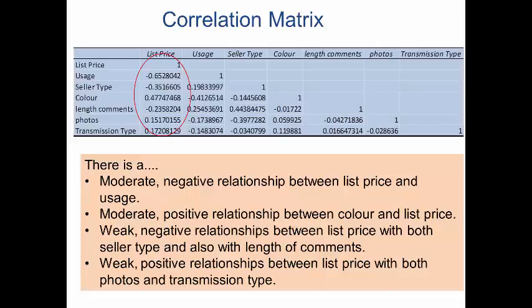When we interpret these correlations, remember we're looking at the strength of the relationship, and that's shown with the number, and also the direction, and that's the sign, be it positive or negative. So you can see my interpretations there. So there's a moderate negative relationship between usage and list price, moderate positive relationship between colour and list price, and so on. So I've just put how I would interpret these correlations.